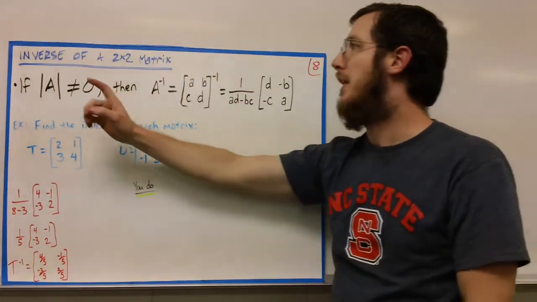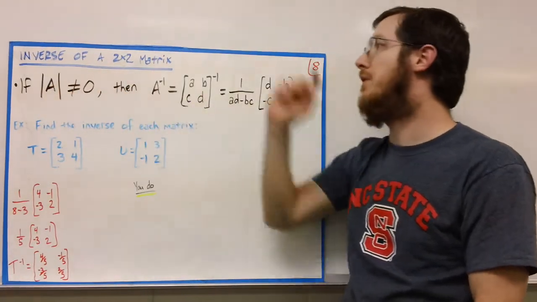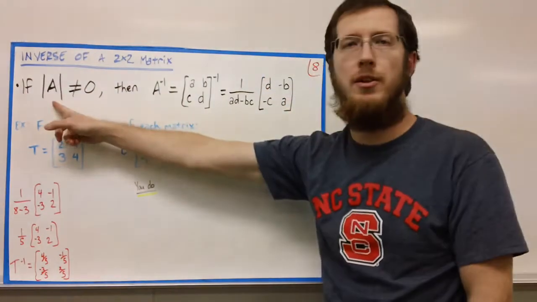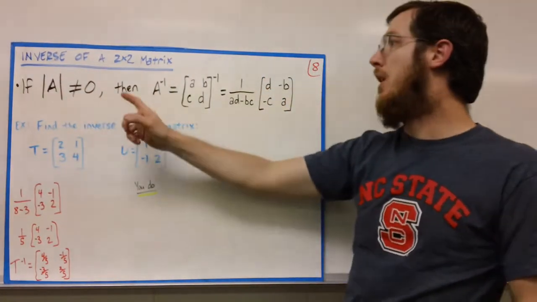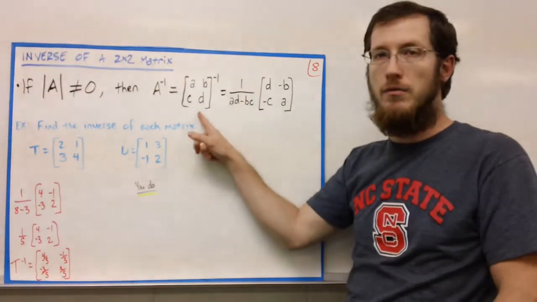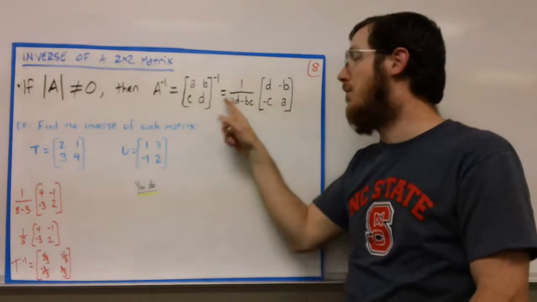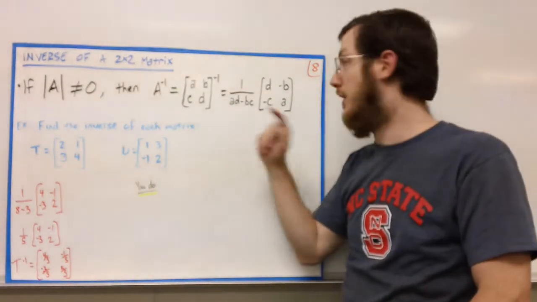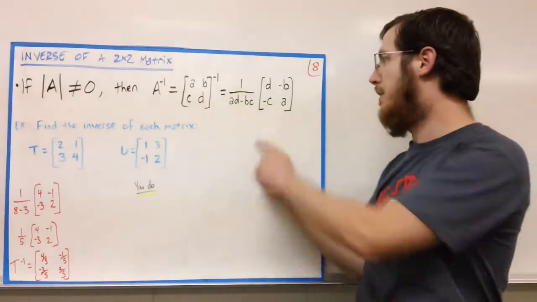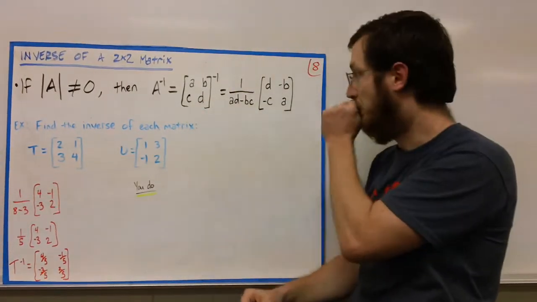Okay, last board. We're going to look at finding the inverse of a 2 by 2 matrix. All right, if the determinant of A does not equal 0, then the inverse of A, which we can also write with the matrix and its elements, with the -1 exponent, equals 1 over the determinant times, so doing some scalar multiplication here, times, and then notice what happened between here and here to our matrix.